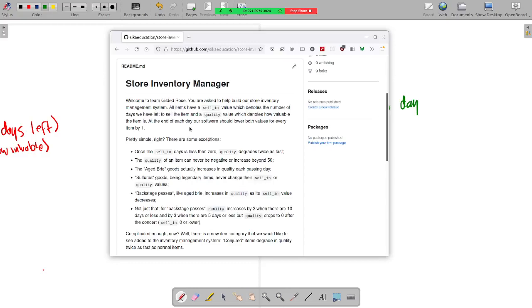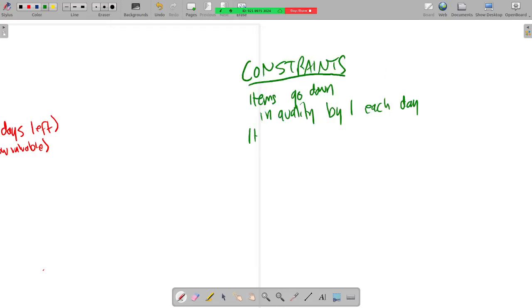And then also, both values for every item, so items go down in sell-in by 1 each day.